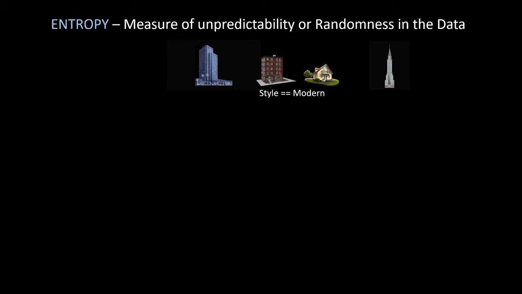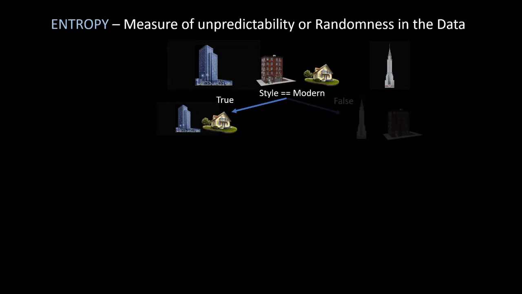But if we look at the first question here, is the style modern? We look at this and say, I'm not so sure. You could say that these two here, their style is modern. So they go into the true side. For the other two, is their style modern? The answer would be no. I think the Empire State Building was probably built in the 20s. I'm pretty sure it was built in the 20s.